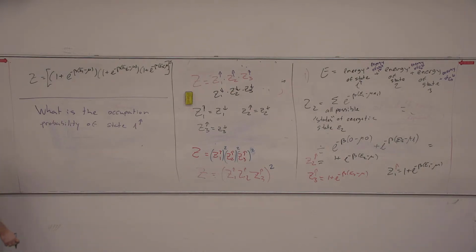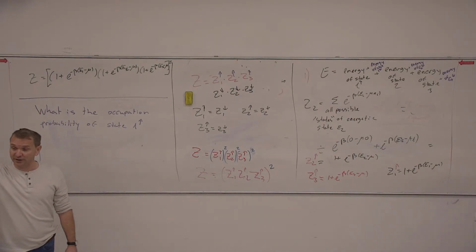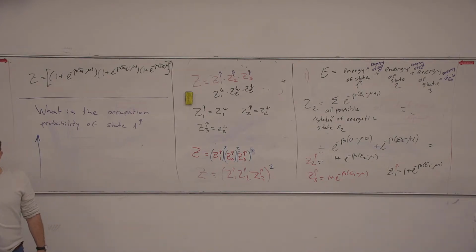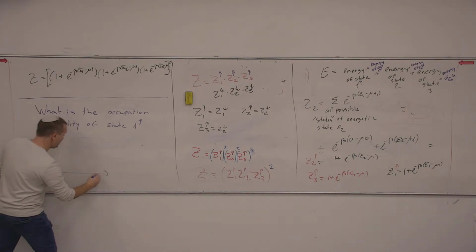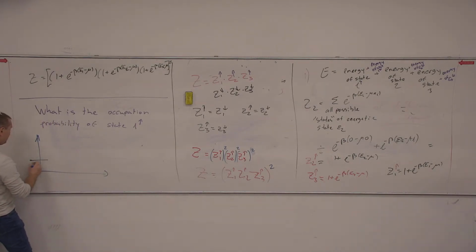So this possibility of this specific configuration, I know the Z. I know what the probabilities are. They are defined by very specific grand canonical perspective. Okay. So this is epsilon 1, this is epsilon 2, this is epsilon 3. Okay.